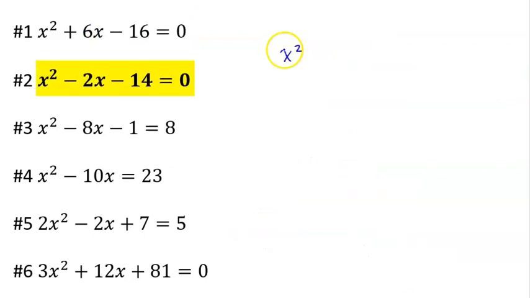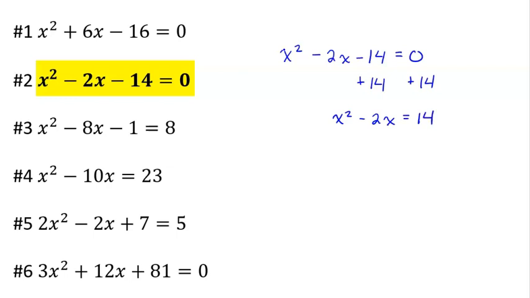On to number 2, we have x squared minus 2x minus 14 equals 0. First, I want to make sure a is 1, and it is. I'm going to move over my constants. I get x squared minus 2x equals 14.